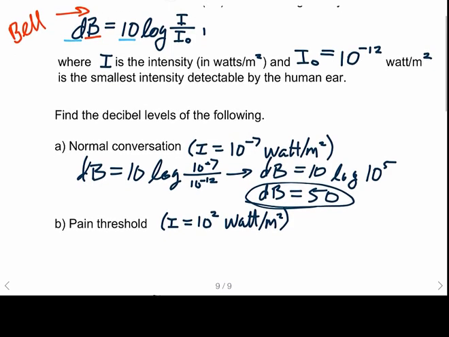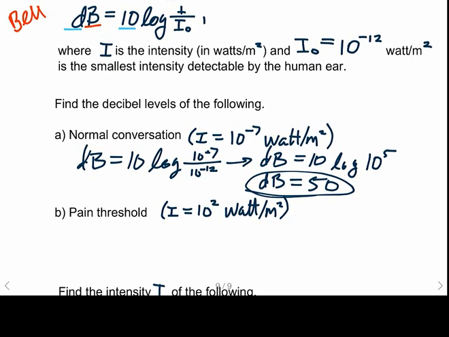The threshold of pain, the I is equal to 10 squared watts per square meter. And so that goes into the formula. Decibels is equal to 10 times the log of 10 squared divided by 10 to the negative 12. Again, that 10 to the negative 12 is a constant.